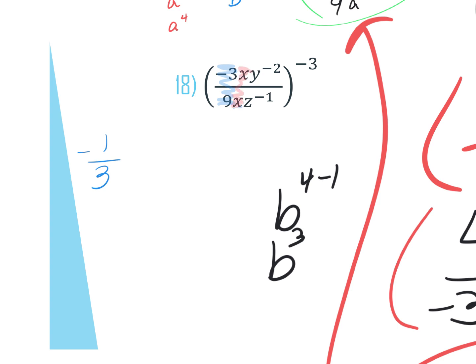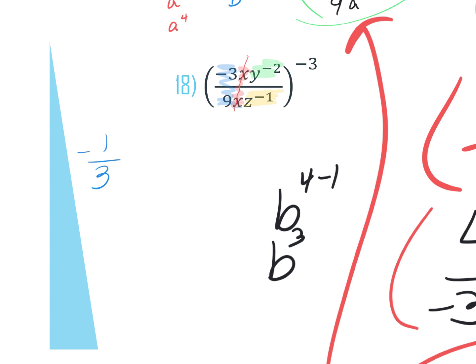Anything divided by itself is 1, or you think of 1 minus 1 is 0. So the x's are gone. That became a 1. Then there's no y's to subtract, but in order to make that positive, I'm going to just move the y to the bottom, and I'm going to move the z to the top.